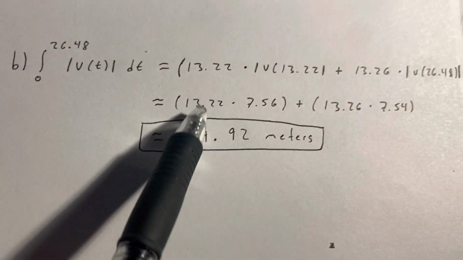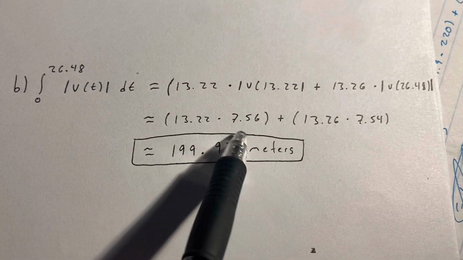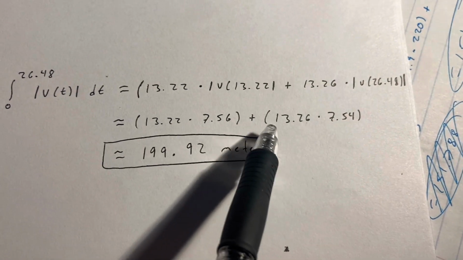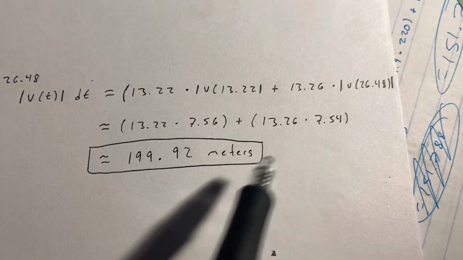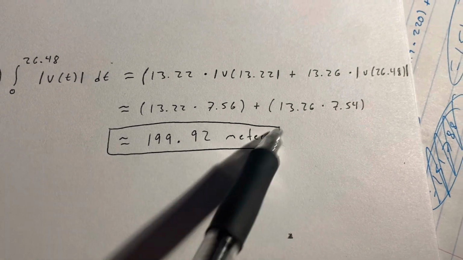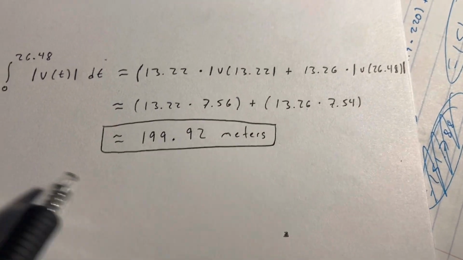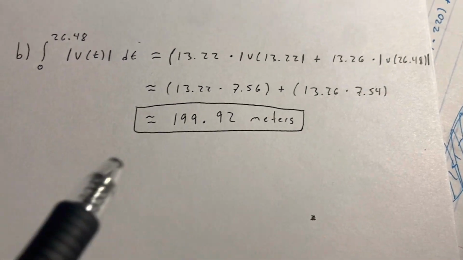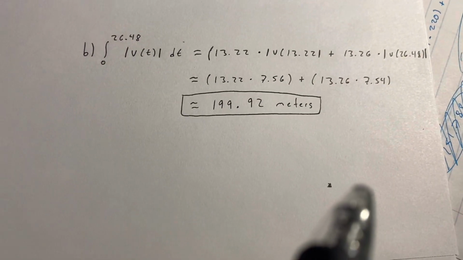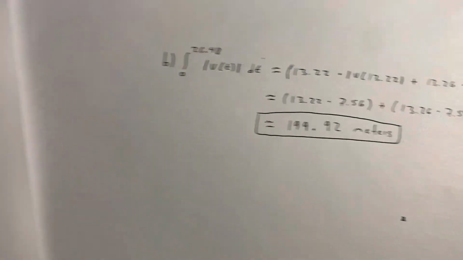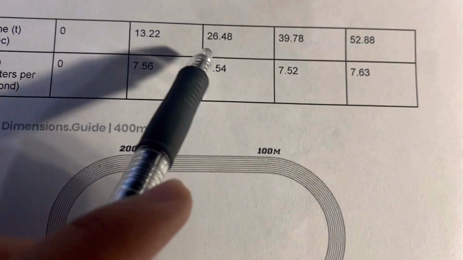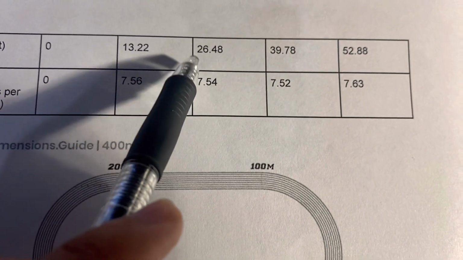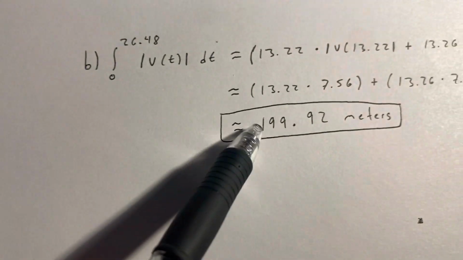And that is seen right here, 13.22 times 7.56 plus 13.26 times 7.54. And when we multiply them and add them together, we get a total of 199.92 meters, which is approximately where we're supposed to be, because at 26.48 seconds, I clocked myself at around 200 meters, which is pretty close to this number.